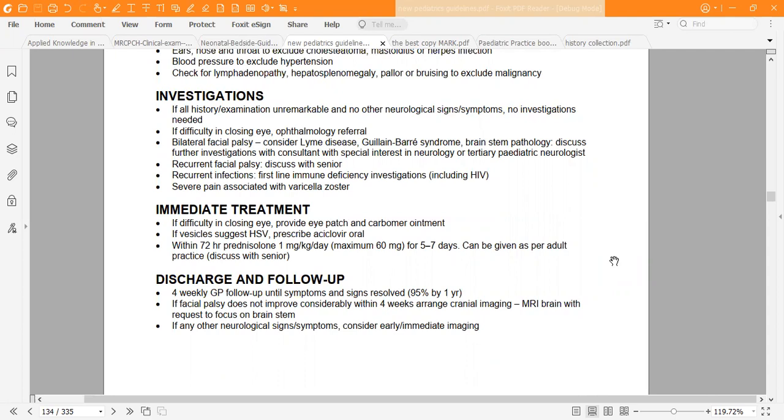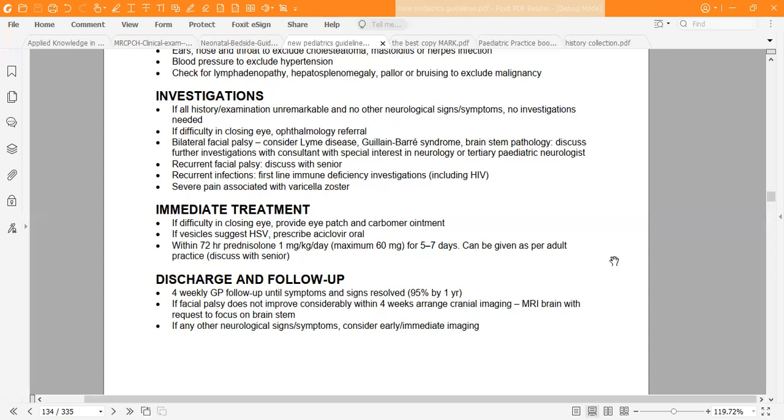If facial palsy doesn't improve considerably within 4 weeks, arrange cranial imaging: MRI brain with request to focus on the brainstem. So if the facial palsy did not show any signs of improvement, or even little signs of improvement within 4 weeks, you will think about arranging an MRI for the brain, with request to focus on the brainstem area, which is where the facial nerve nucleus comes out of the brainstem, the origin of the facial nerve pathway.